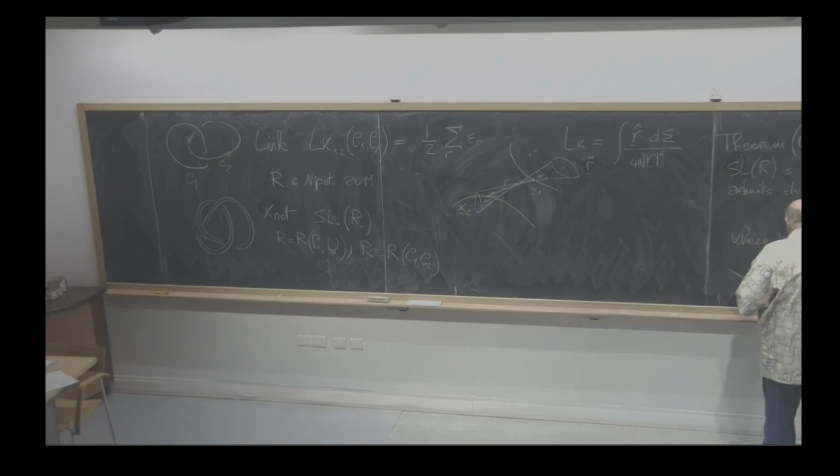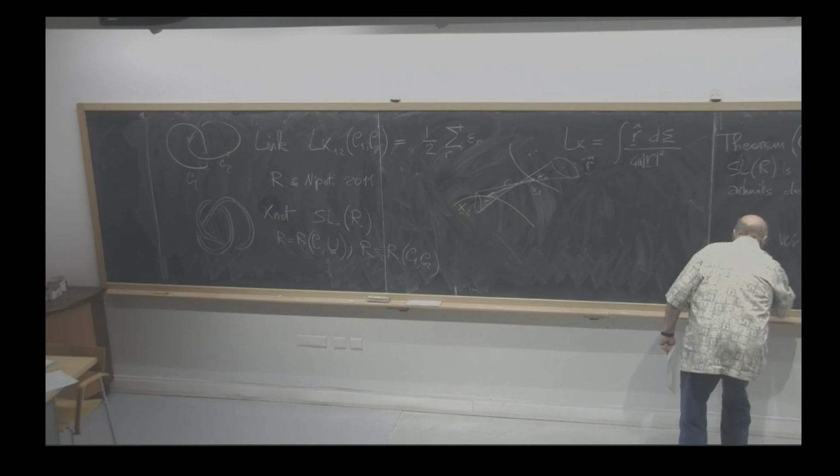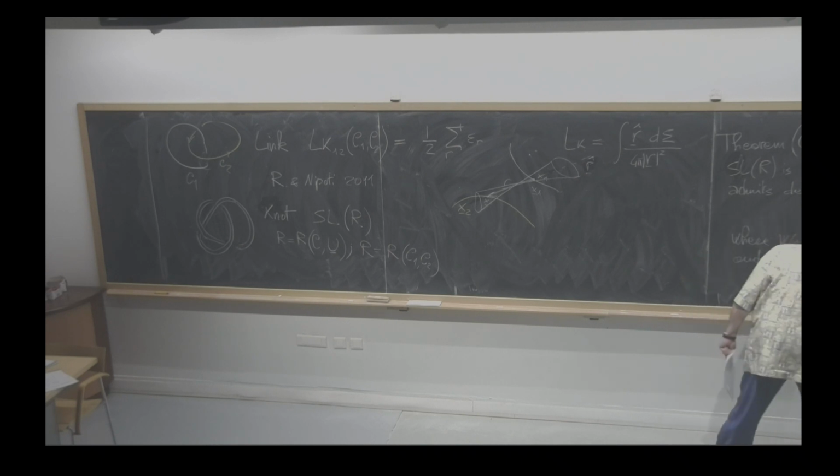Now I'm going to tell you something about these quantities, where WR of C is the writhing number of C, and TW of R is the total twist number.